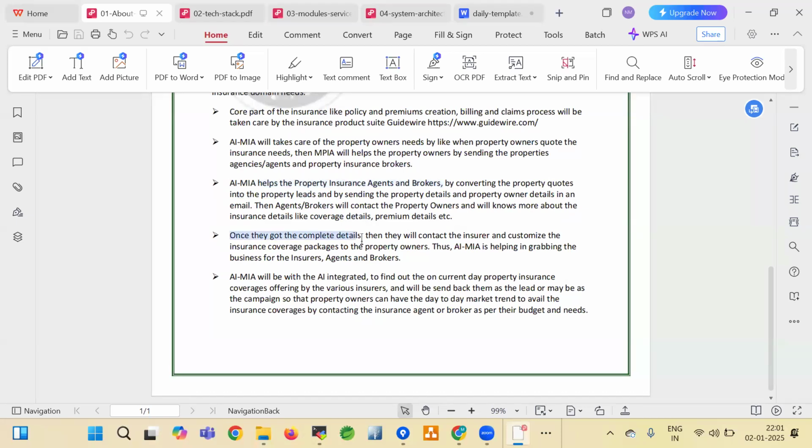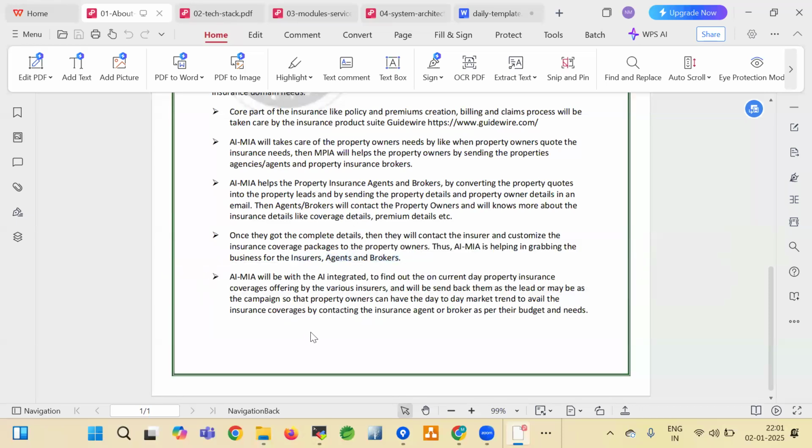So once they get the complete details, the agents will contact the insurer and customize the insurance coverage packages for the property owners, right? So the agents will talk to the insurance companies and then customize the insurance coverage packages for the property owner. Thus, MIA is helping in grabbing the business for the insurers, I mean insurance companies, agents, and brokers.